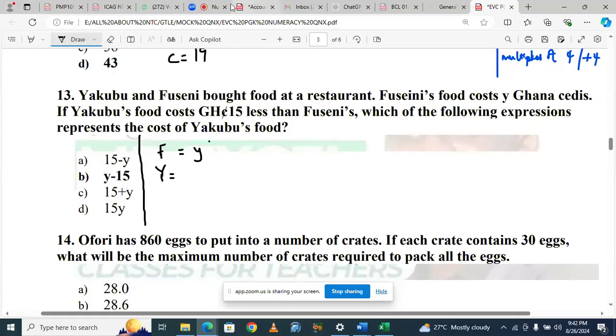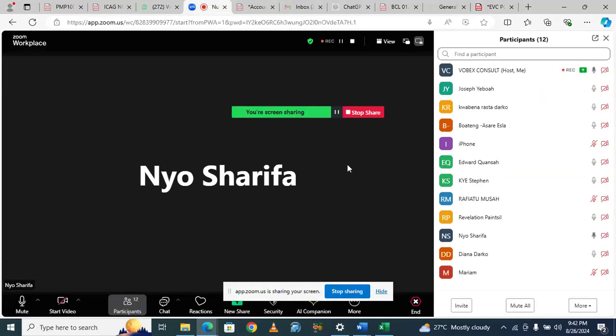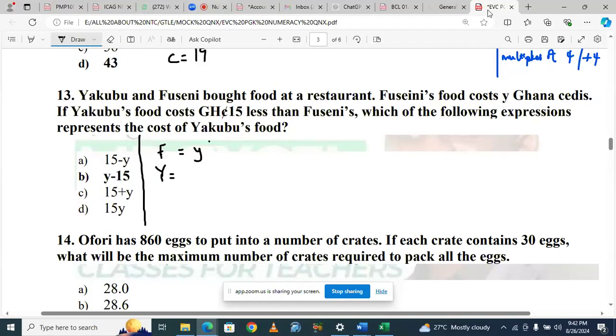Less than Fusaini's. What does it mean? Yakubu's food costs 15 cedis less than Fusaini's, and Fusaini's food costs Y cedis. What does it mean mathematically? Check it very well, though. Not 15 minus Fusaini. Fusaini minus 15.